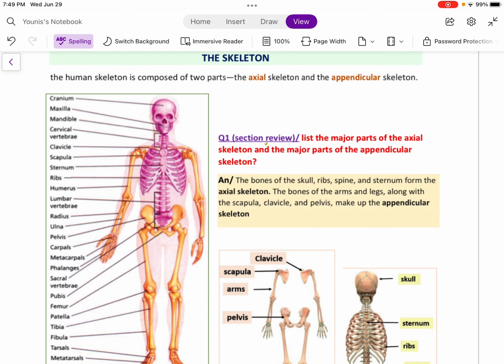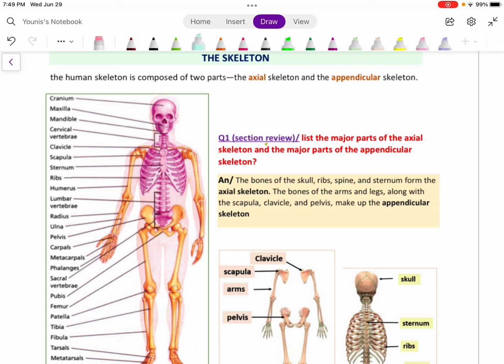digested. The skeleton, if you have noticed in the drawing that you have in the book, has two colors. All the bones with the pink or the purple colors make up something called the axial skeleton.